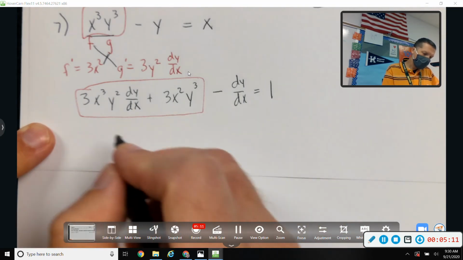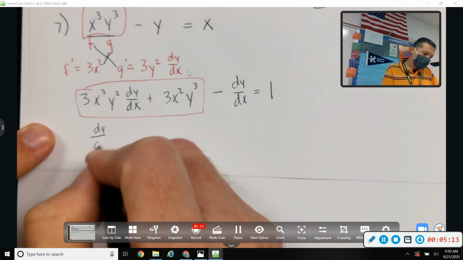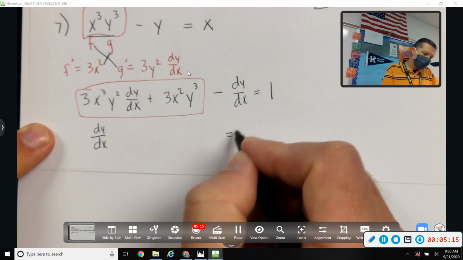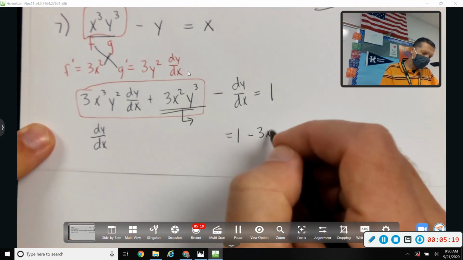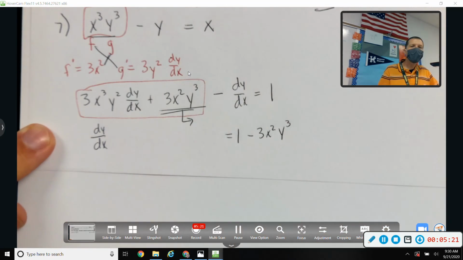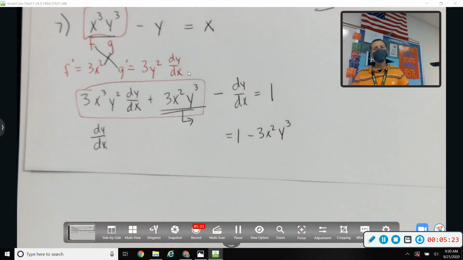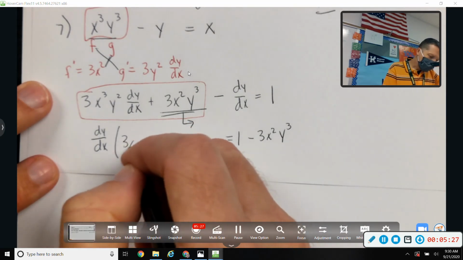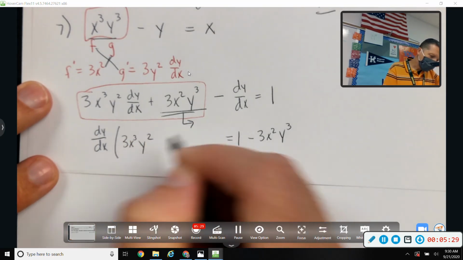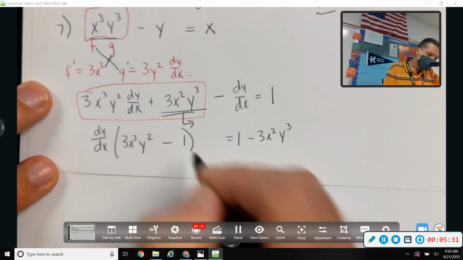Let's see, speaking of algebra, I'm going to move this term over because it doesn't have any dy dx's in it. And then I'll factor out dy dx from the stuff that's left. 3x cubed y squared minus 1.